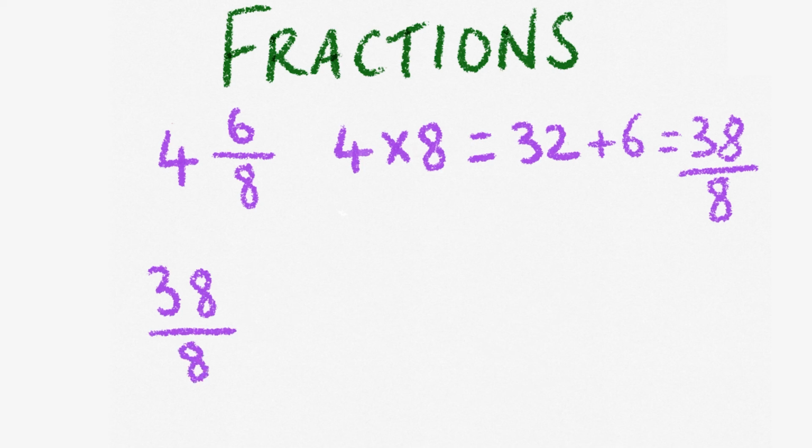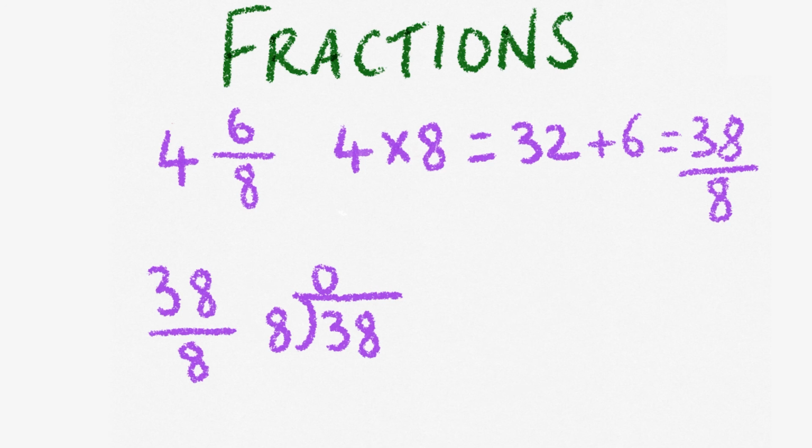So if we have 38 eighths, let's see if we can do that in reverse. We get the number 8 and see how many times it goes into 38. Well, 8 can't go into 3, but 8 can go into 38.